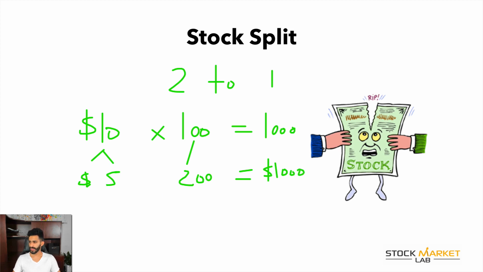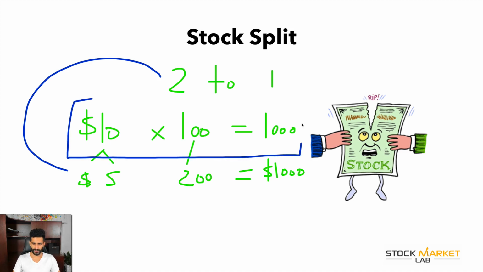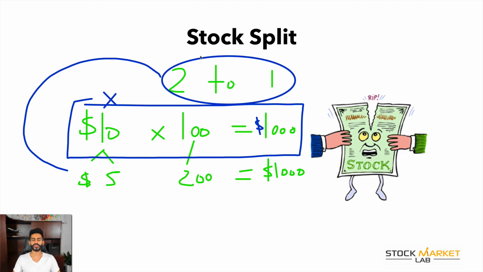So once again, let's say that this company has a stock split of 2-to-1. This is the existing amount of shares, existing share price that the company has. The company's share price is currently $10. It has 100 shares. So if it has 100 shares and each share price is at $10, the company is valued at $1,000. Now let's say they come out and they say, hey, we're going to do a 2-to-1 split. What does that mean?